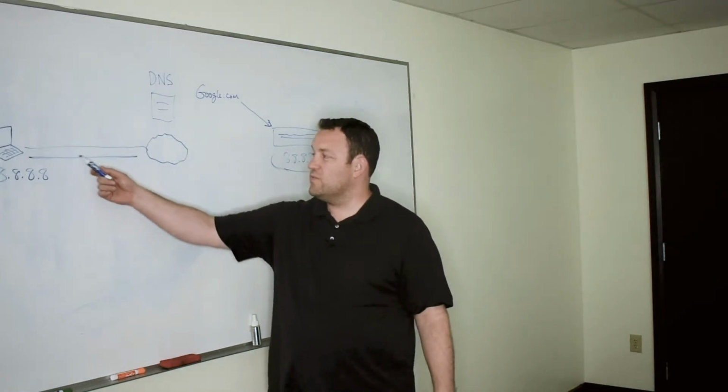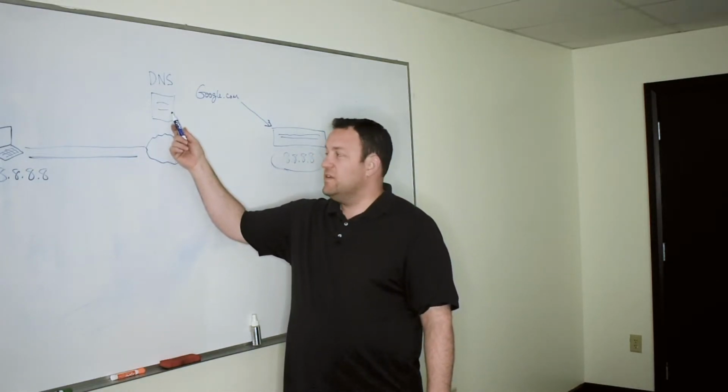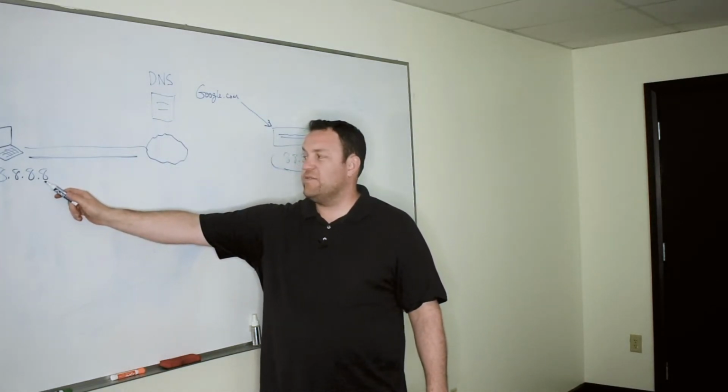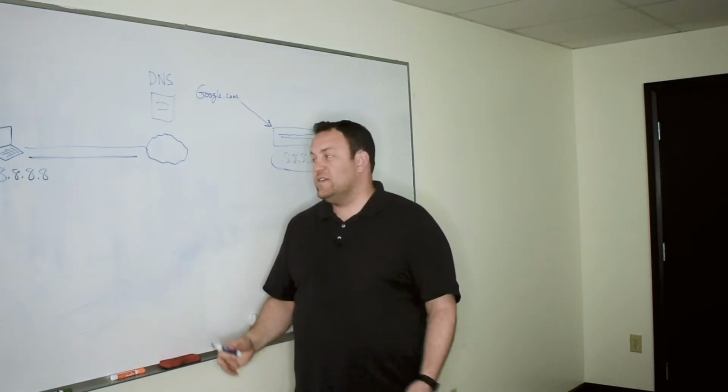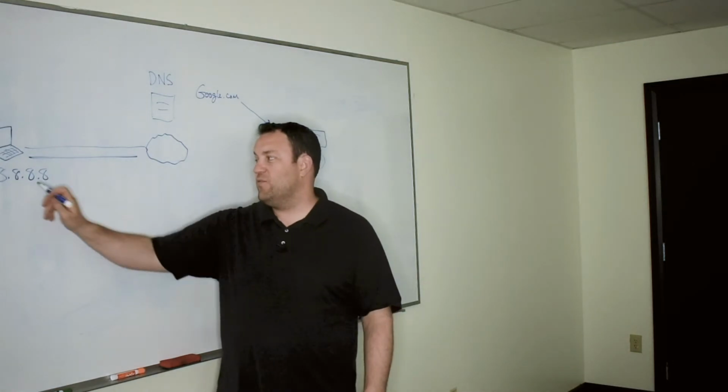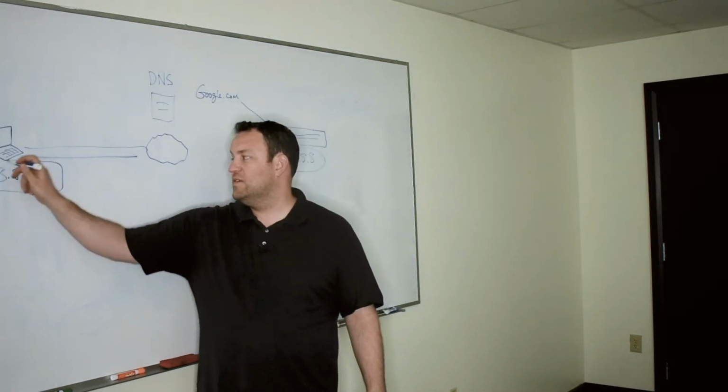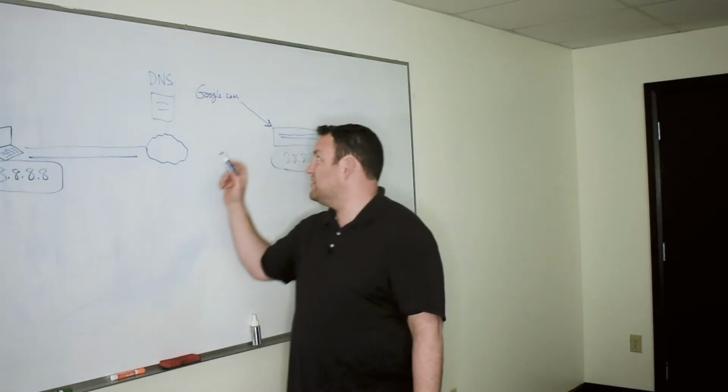Your computer is reaching out trying to look up the IP addresses for different things that you're trying to go to. It's got the addresses saved from previous lookup attempts, and it's able to get to those items.